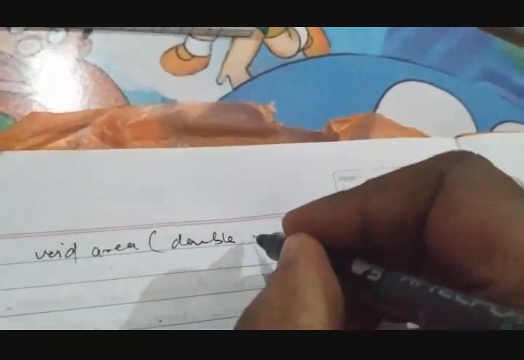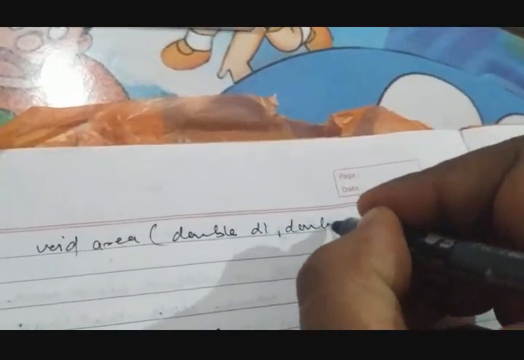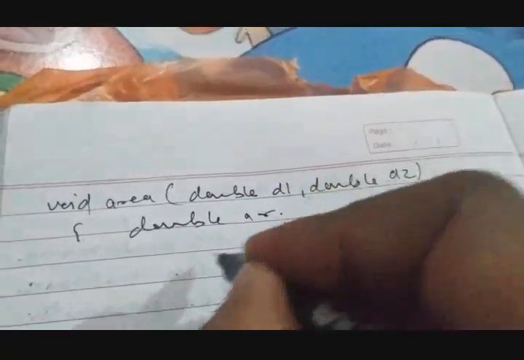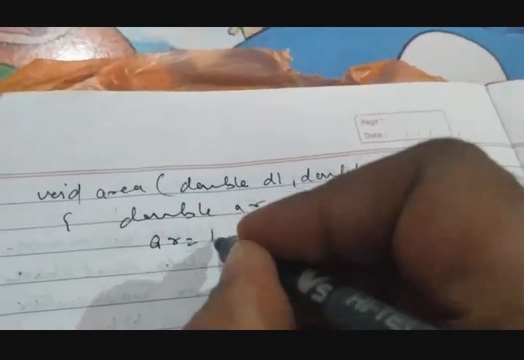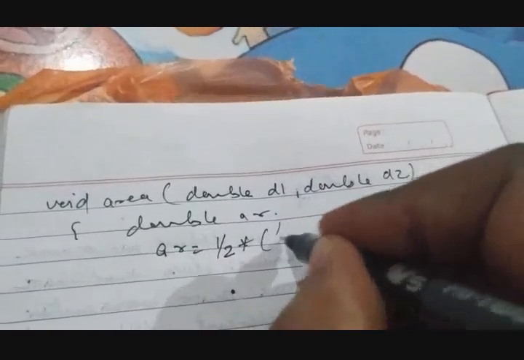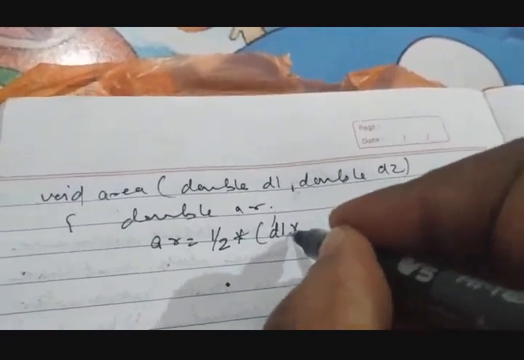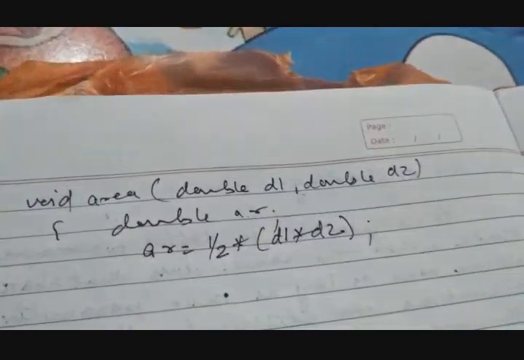So we have double d1, double d2, double ar equals to half into d1 into d2.